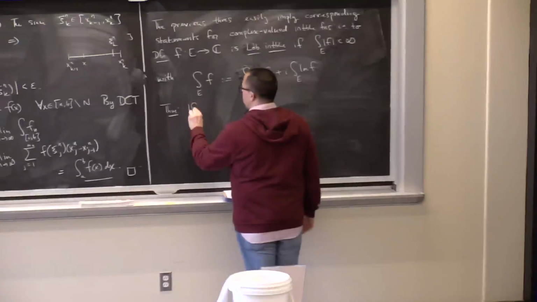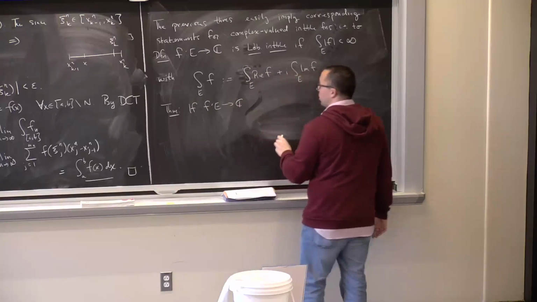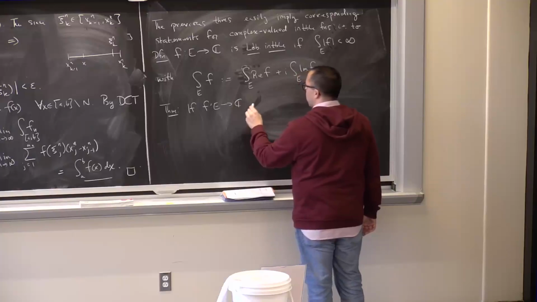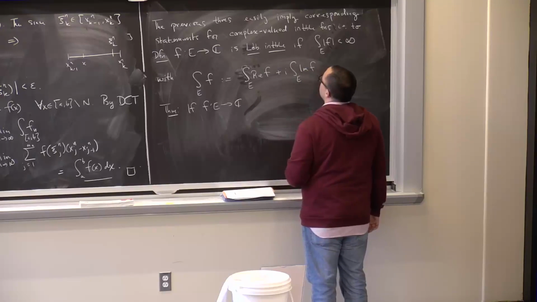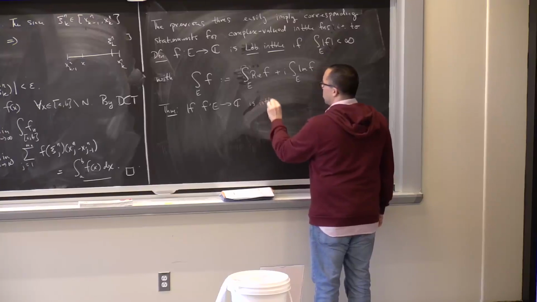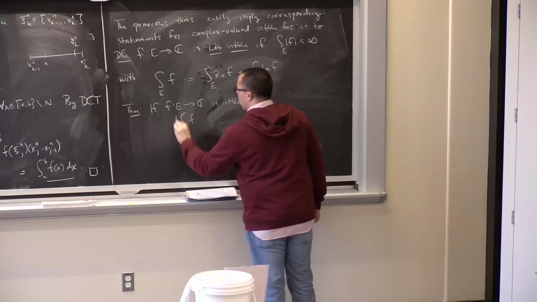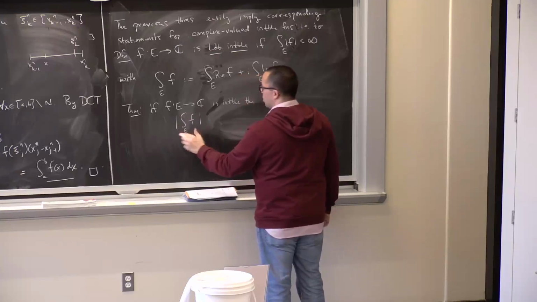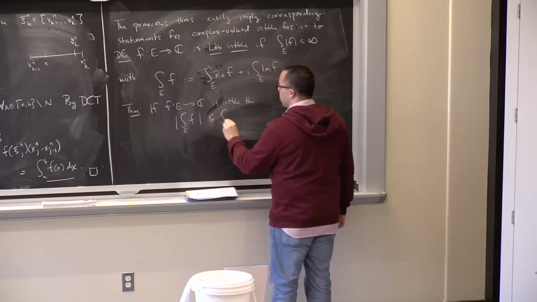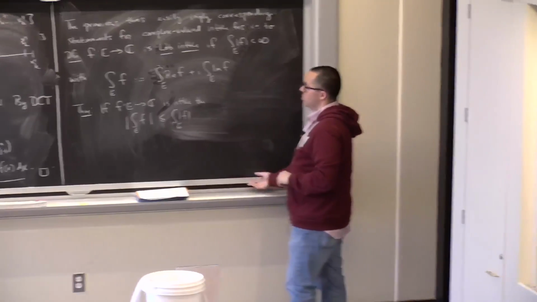So if I have a complex valued integrable function f, then the integral of f over E, so this is now a complex number, taking the modulus of that is less than or equal to the integral of the modulus of f over E, okay?